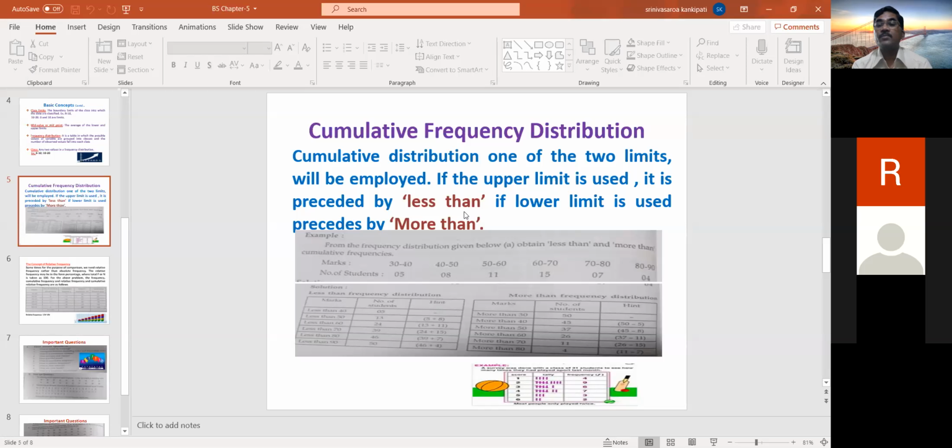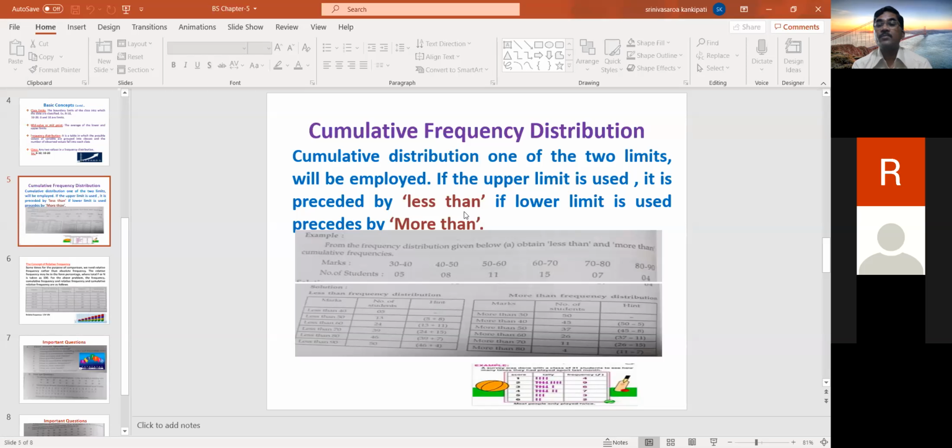Now what you have to do is, according to the above, find the less than and more than. For example, take the first class, 30 to 40. If you take only the upper limit, that is 40, then you have to write less than 40, because you have taken the upper limit.